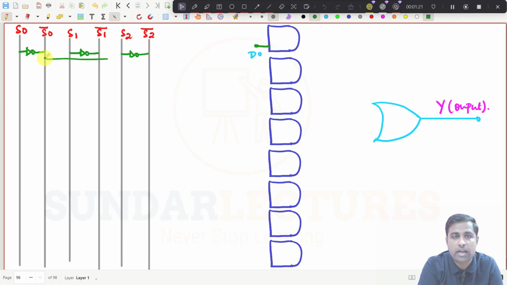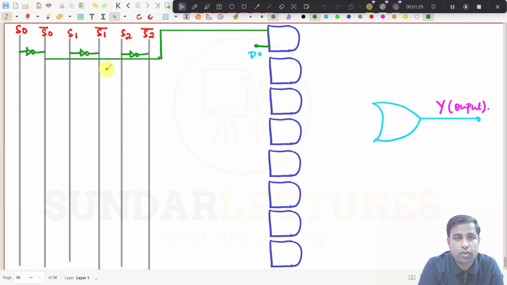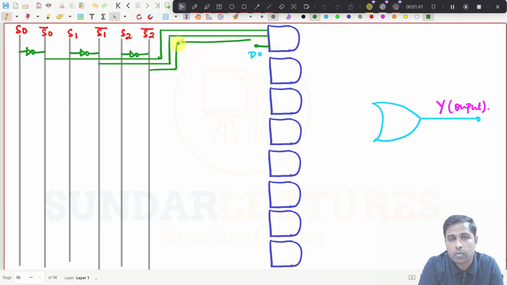For example, you connect this S0 here, and then S0 bar, then S1 bar. Why am I doing this? I will explain you a bit later. And S2 bar now. So what happens now? This one will be connected to this OR gate.